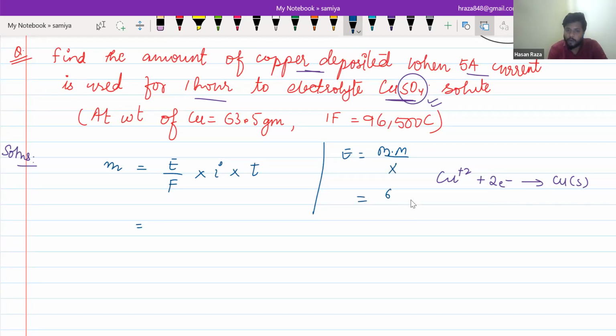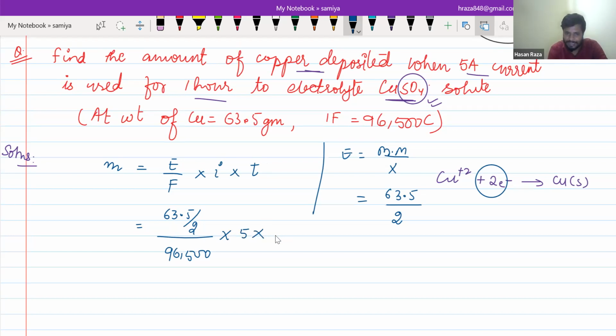So we take mass of copper upon X, where X is the change in oxidation state, which is 2. So we get the value of E as 63.5 divided by 2. Again, what is the value of F? F will be equal to 96,500, into current, which is 5.